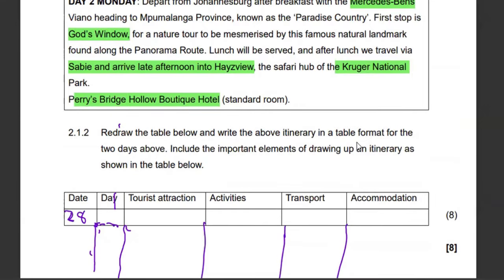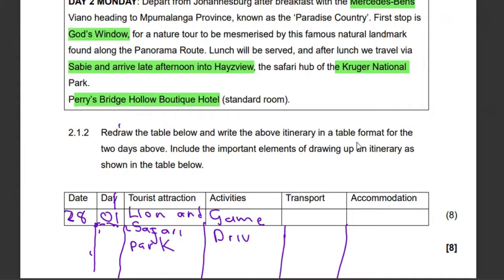Then the tourist attraction will obviously be the Lion and Safari Park. The activities done there include a game drive in the Safari Park.